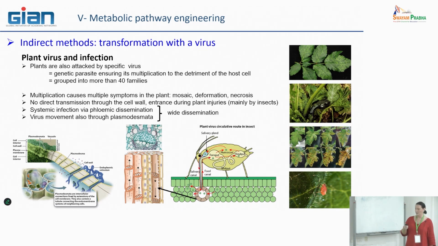This is why viruses are very efficient, not only to diffuse inside the plant, but when they are in the cells, to manage different things for their own production. This wide dissemination was quite interesting to see because it means it's quite easy for a virus in contact with plant cells to infect them.